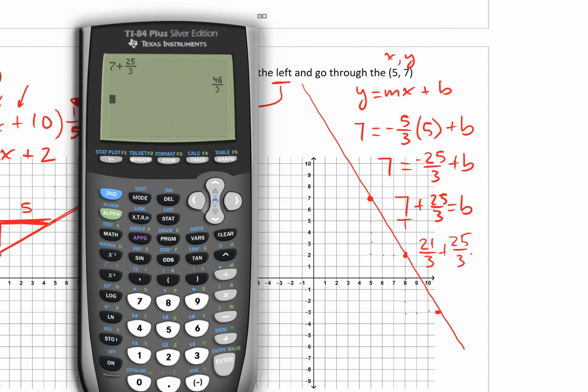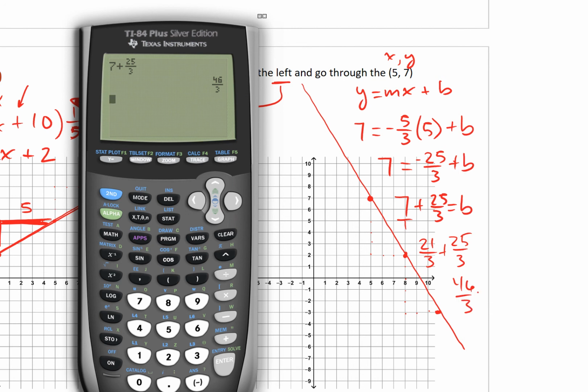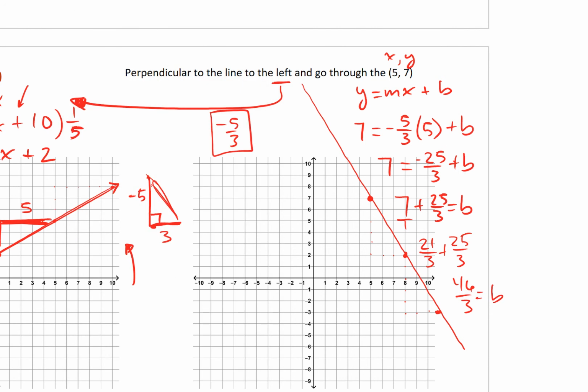And when I add the 21 and 25, that's where I do get the 46. So it's 46 thirds. So I've got right here my y-intercept, and the equation of this line is y equals negative 5 thirds x plus 46 thirds.